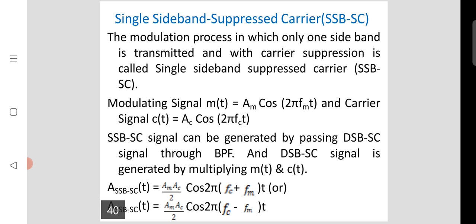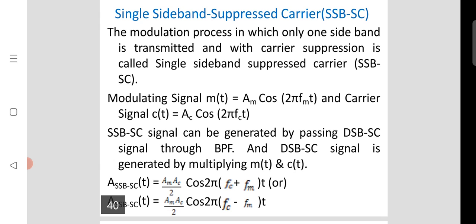The total power equals the sideband powers only, PSB, which means PLSB plus PUSB. In case of AM, the total power PT equals PLSB plus PUSB plus PC. In this way, you can also derive the power relations for DSBSC, and we observed how much power is reduced.